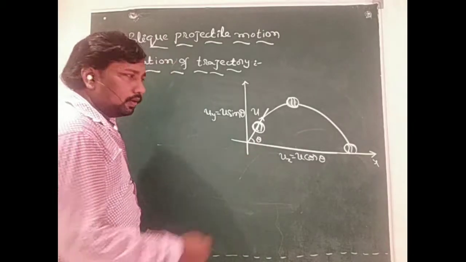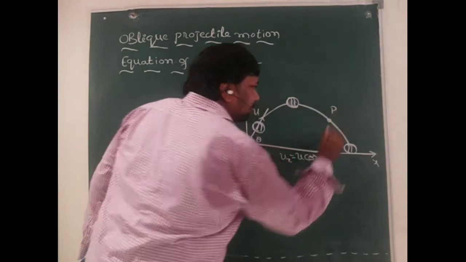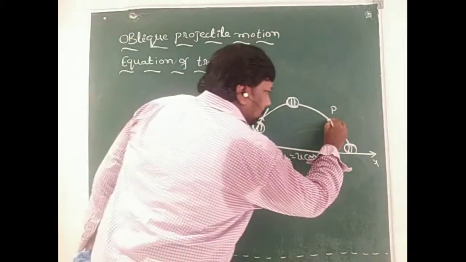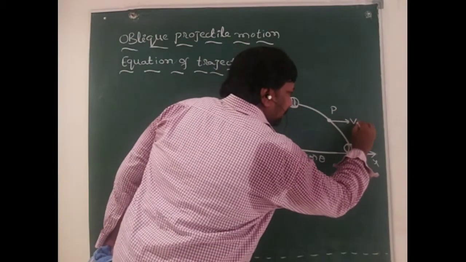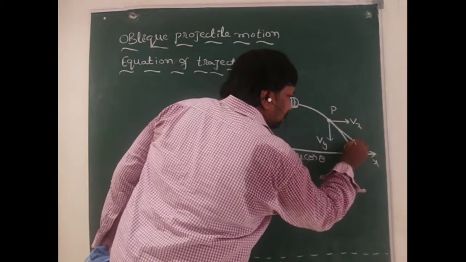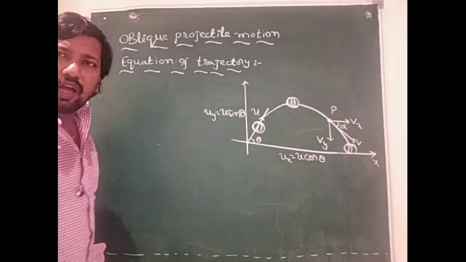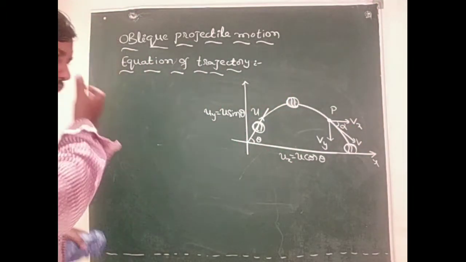After t seconds it reached the point P. This is Vx, Vy, and this is the resultant V. It makes an angle alpha with the x-axis.